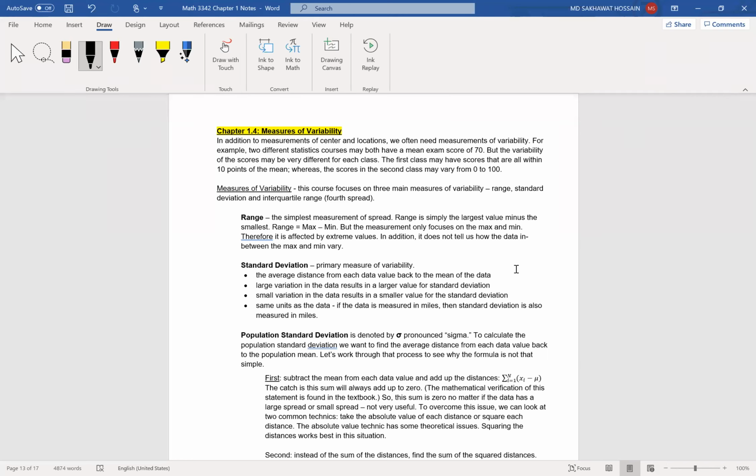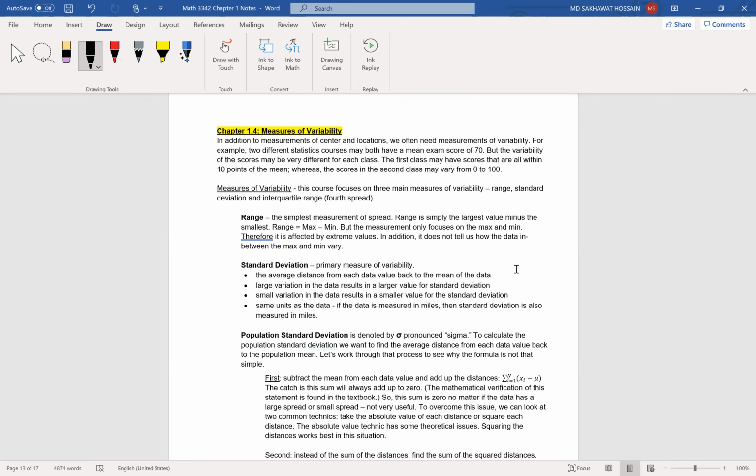Based on the average score, we can say the average score for this class is better, and the average score for the other class is low. So this class seems better than the other class. But the mean doesn't tell you the complete story.